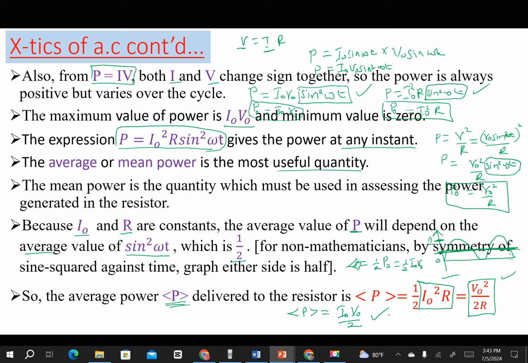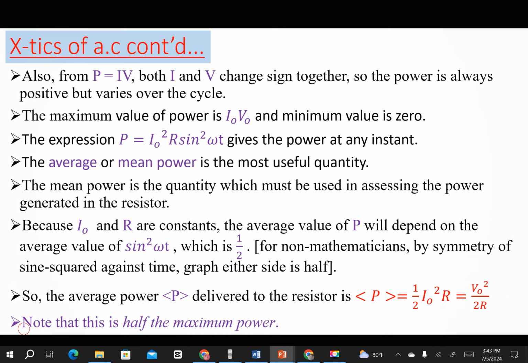The power does not depend on the current, it depends on the current squared. And the square of a positive or negative value is always positive. So in a nutshell, I want you to note that the average power is half of the maximum power.